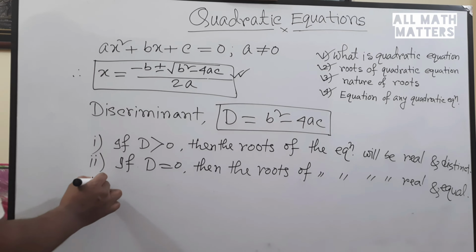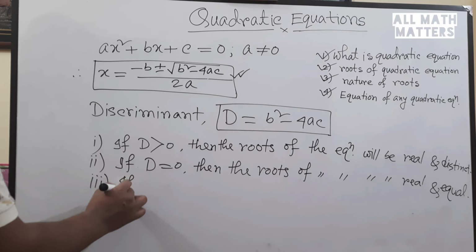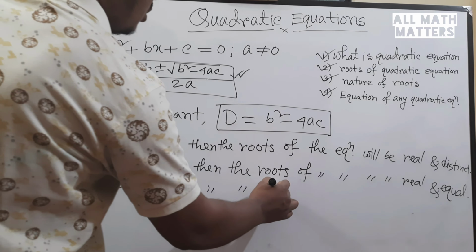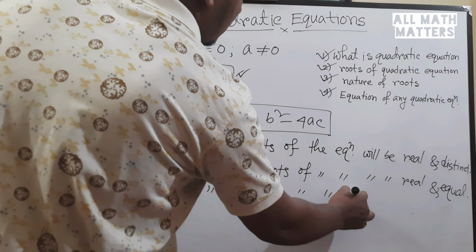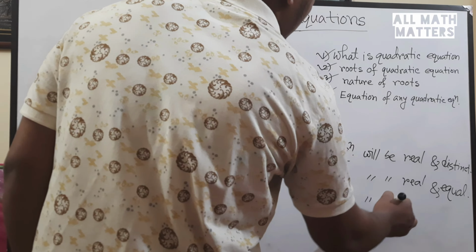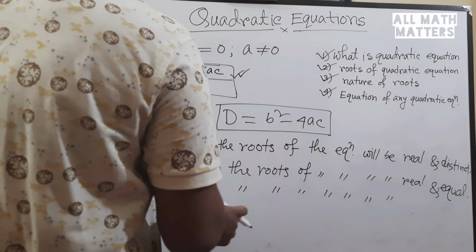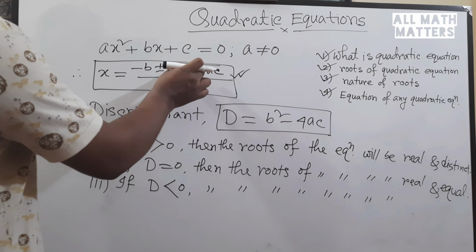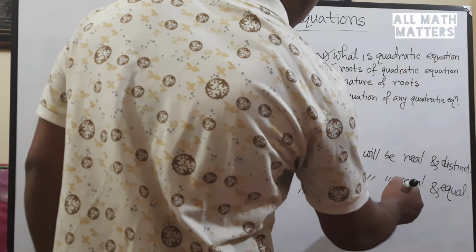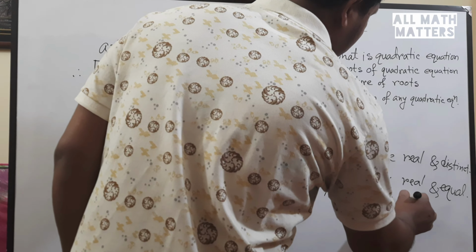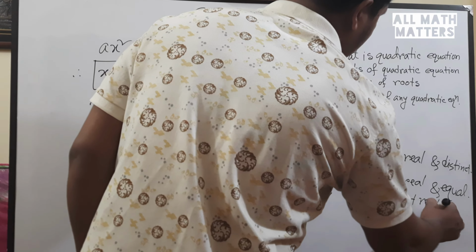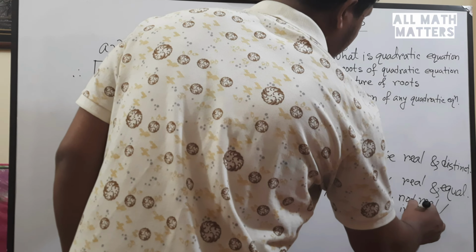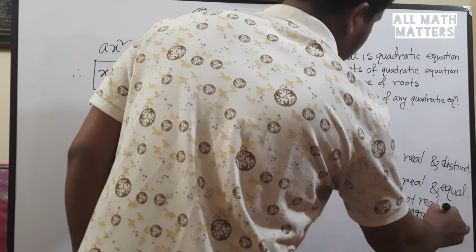Okay, now number 3, if the discriminant is negative, then the roots of this quadratic equation will be imaginary. Why is it imaginary? We know that if the inside value of a root is negative, that will be undefined or an imaginary number. That means the roots will be not real, or you can say imaginary.